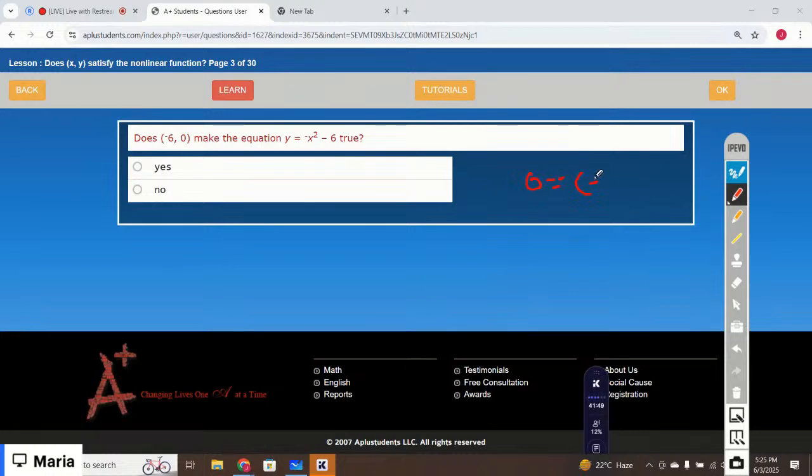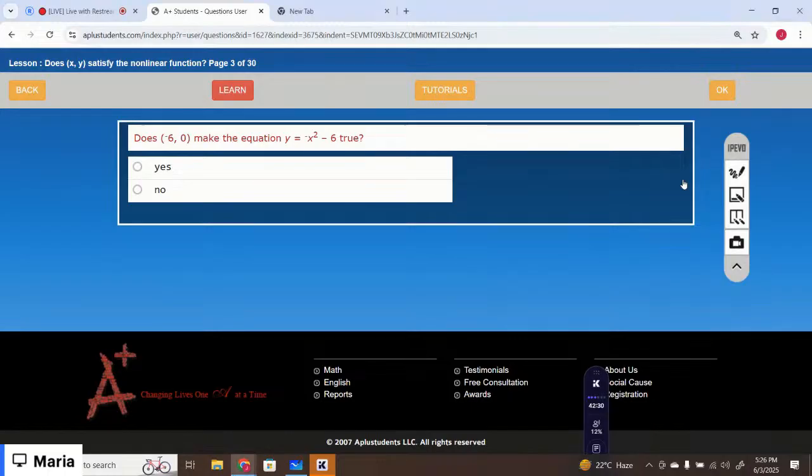Negative 36 minus 6. 0 is not equal to negative 42. So the correct option is no.